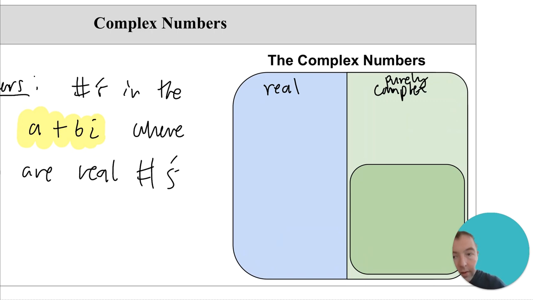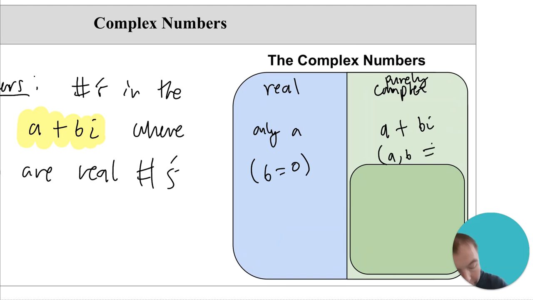So when we have real numbers, a real number would just be only the a part of a plus bi, which means that b would have to equal 0, right? So if b was 0, to get rid of the imaginary part, and you have only the a part, that's just a real number, okay? And then purely complex numbers would have a plus bi, where a and b both do not equal 0. So you do have some a part that actually exists there, and then b actually exists right there.